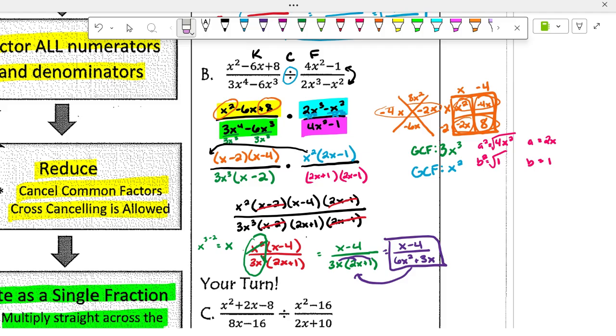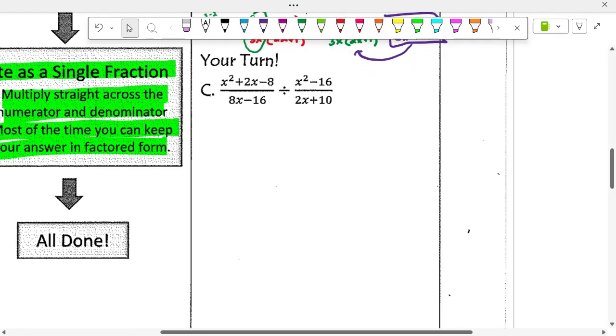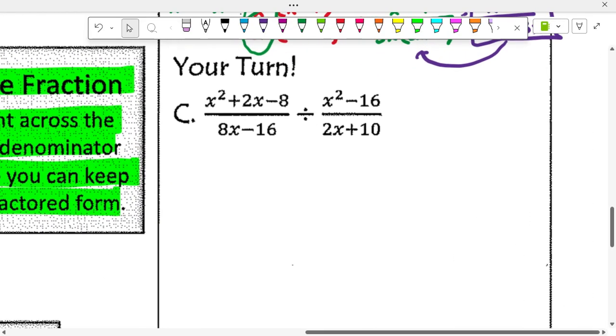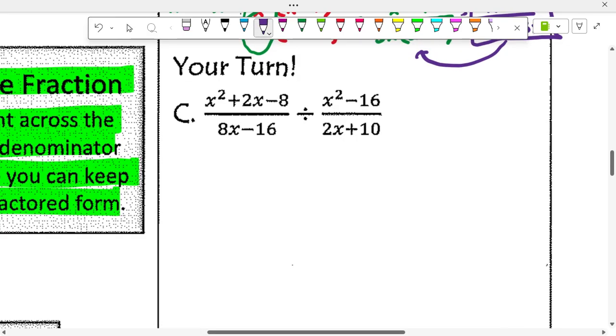All right, so looking around the room, most of y'all either got it or you were almost there and had the bones. So let's do this together. Before I do any factoring, what do I have to do? Keep, change, flip. So keep the first, change division to multiplication, flip the second.